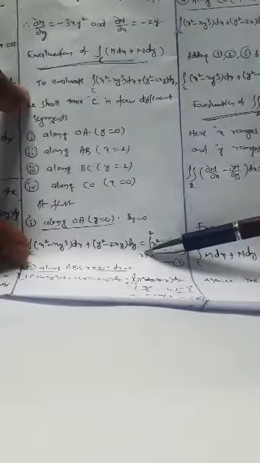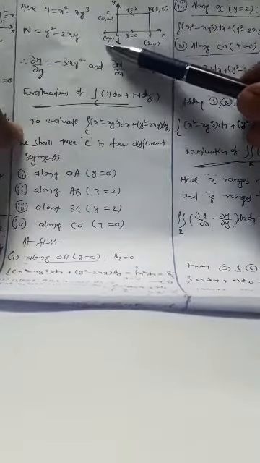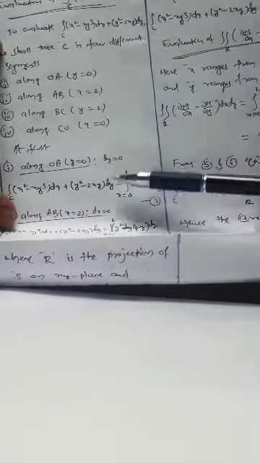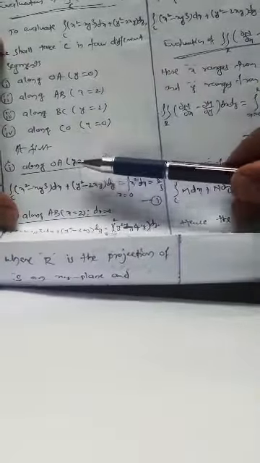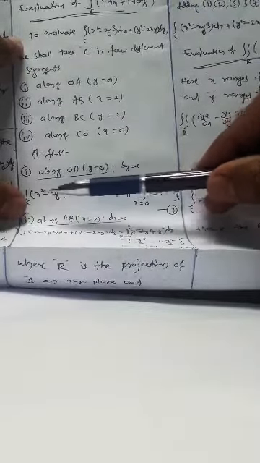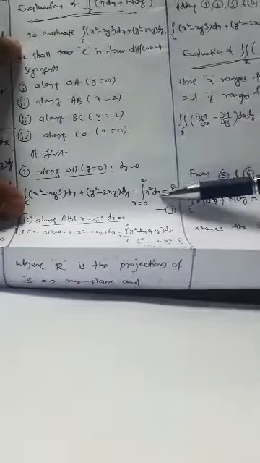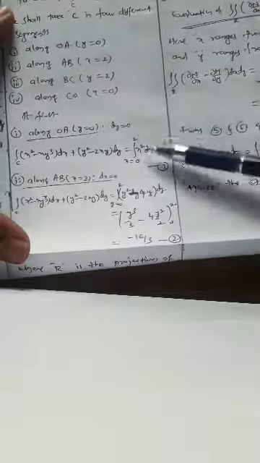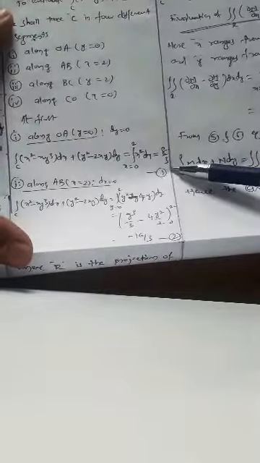Now the integral of M dx plus N dy, when dy equals 0 and x varies from 0 to 2, since 0 into something is 0, we will get only the integral of x square dx, with x varying from 0 to 2, and solving this we will get 8/3.